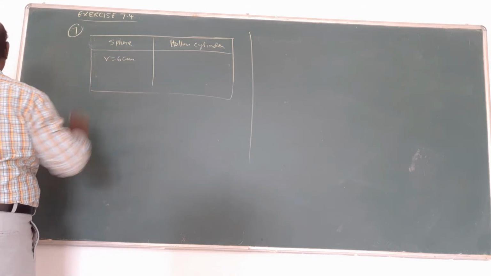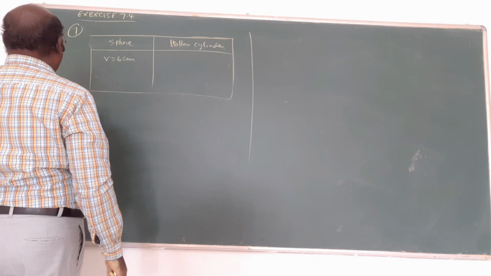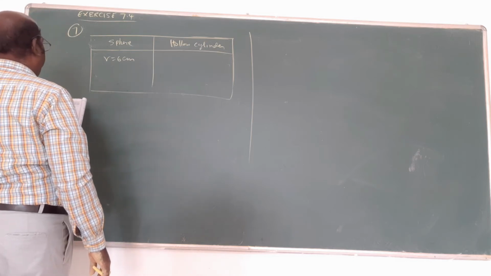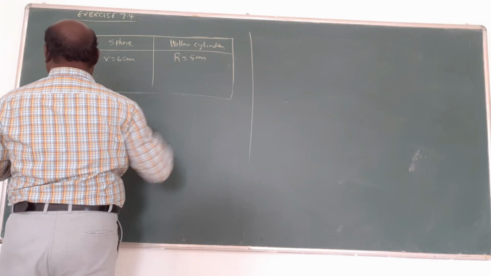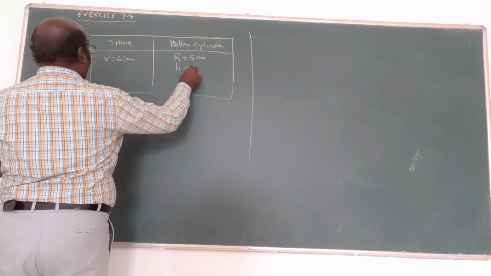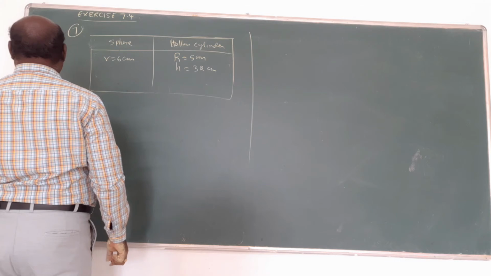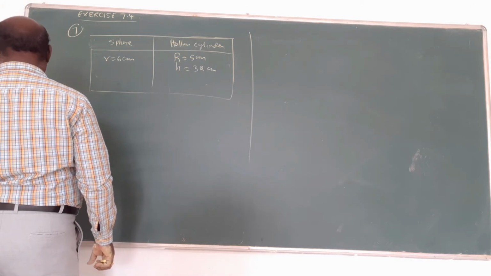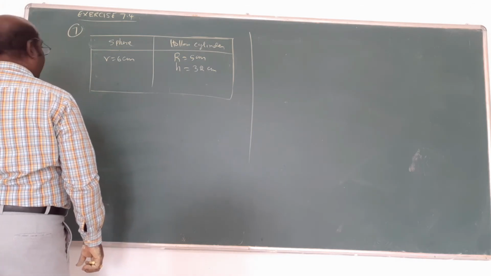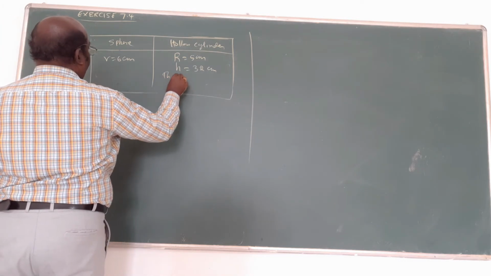Next one, hollow cylinder with the external radius of the base of the cylinder given. Height also given. Am I right? Find the thickness of the cylinder. Thickness is asking.